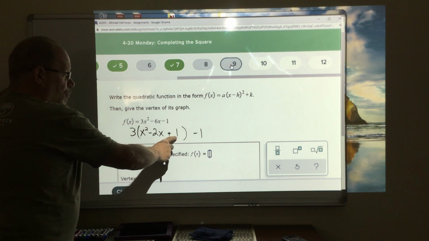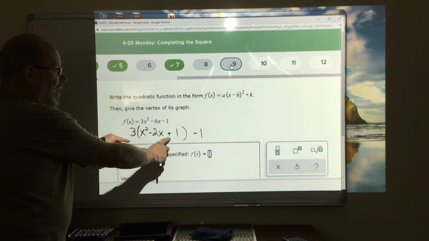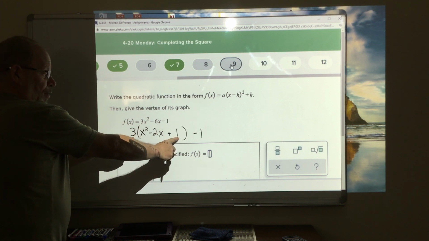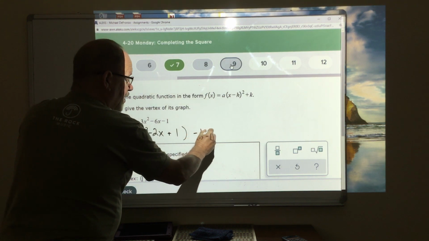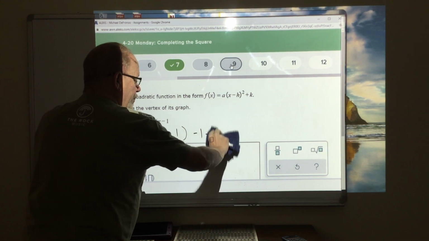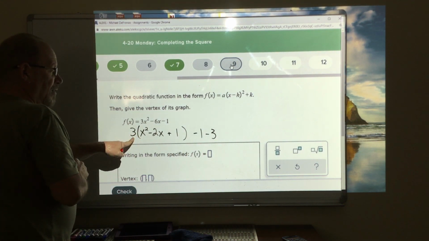So if I added 1, I would be subtracting 1, okay? But I didn't add 1. I added 3 times 1 to what I started with. So I added 3, so I'm going to undo that by subtracting 3.